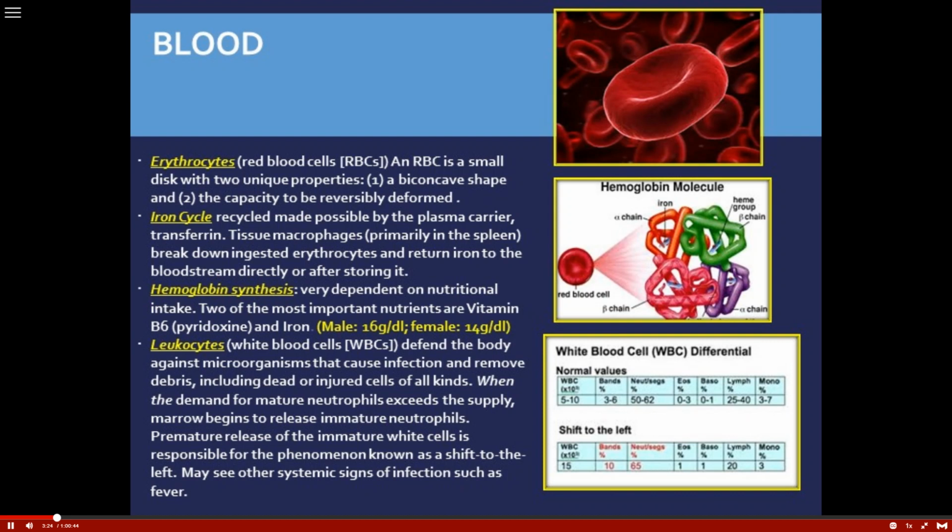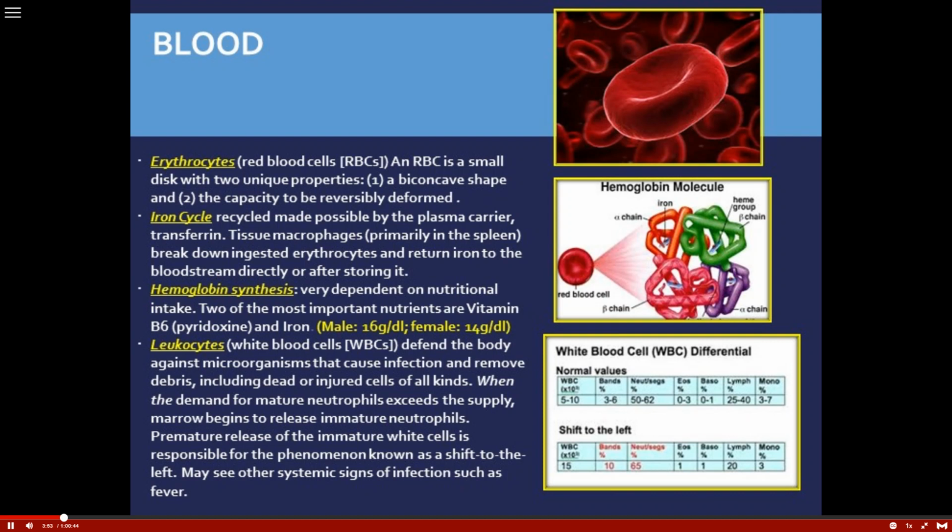And when the body doesn't have enough of those, we're going to see what happens in anemia and the different kinds of anemias. The other thing about hemoglobin is the importance of iron. So we have to make sure that our patients are getting enough iron. And we're actually going to talk about a certain kind of anemia, iron deficiency anemia, that is pretty common here in the United States. So the next thing we're going to talk about is leukocytes.